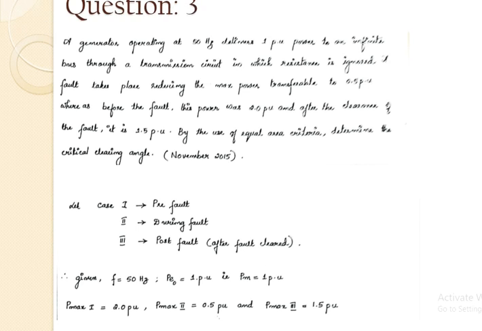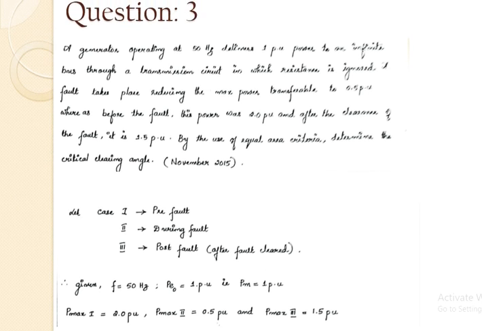Now here comes our real problem on critical clearing angle and critical clearing time, and this was asked in the 2015 university exam. A generator operating at 50 Hz. Okay, here onwards we can analyze the question.